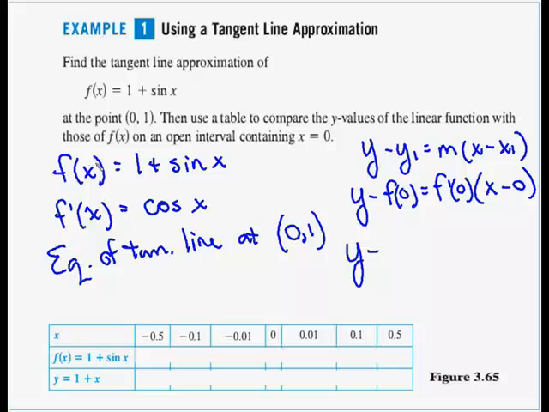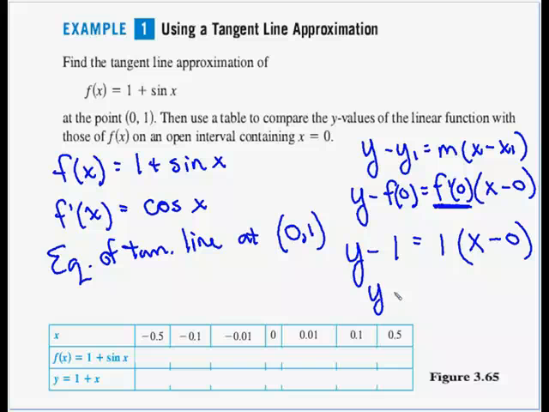Well, if I plug 0 into the original function, I'm going to get 1 plus the sine of 0. The sine of 0 is 0, so the value there is 1. Equals the derivative at point 0. Well, the derivative is cosine x, so the derivative at point 0 would be the cosine of 0, and the cosine of 0 is 1.